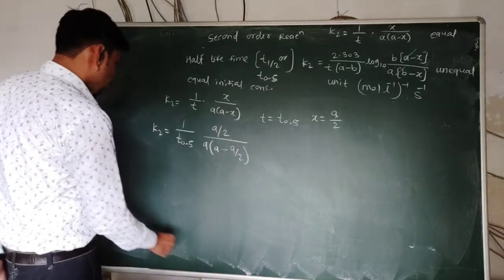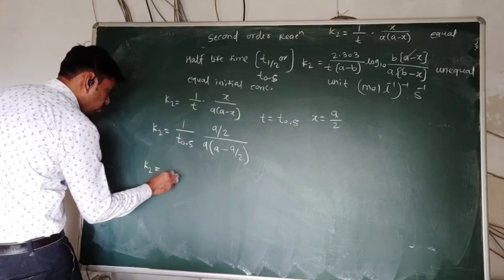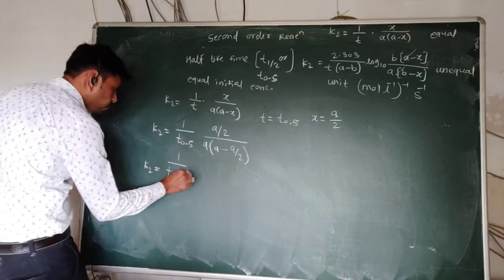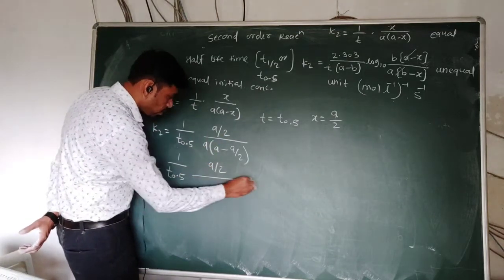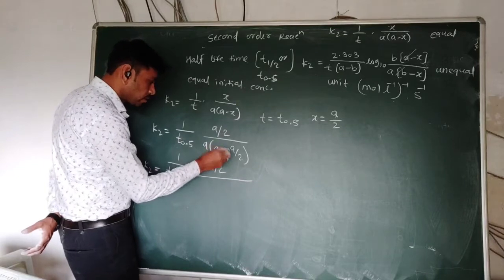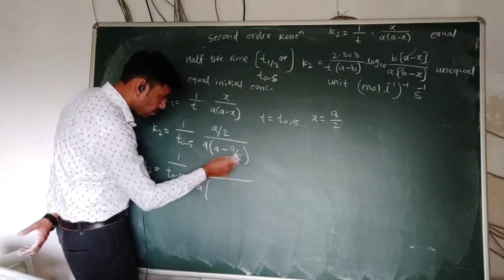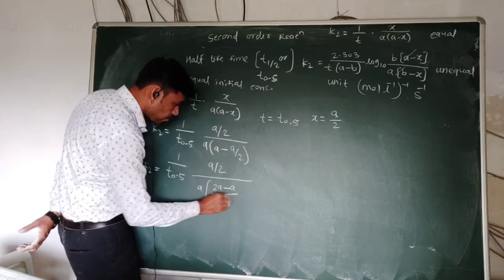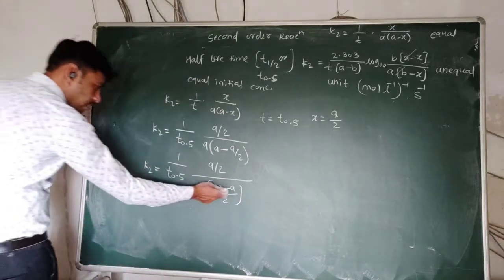Now solving this equation, K2 equal to 1 upon T.5 times a by 2 upon, by making the denominator same, a as it is multiplied by 2, (2a minus a) by 2, that is a by 2.